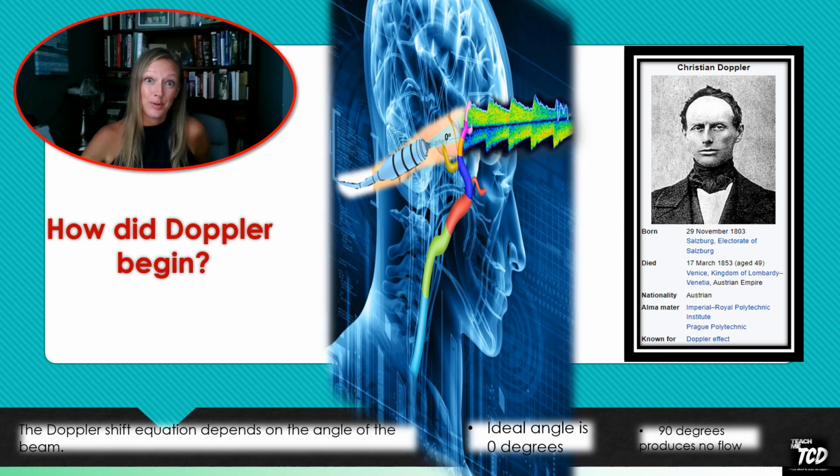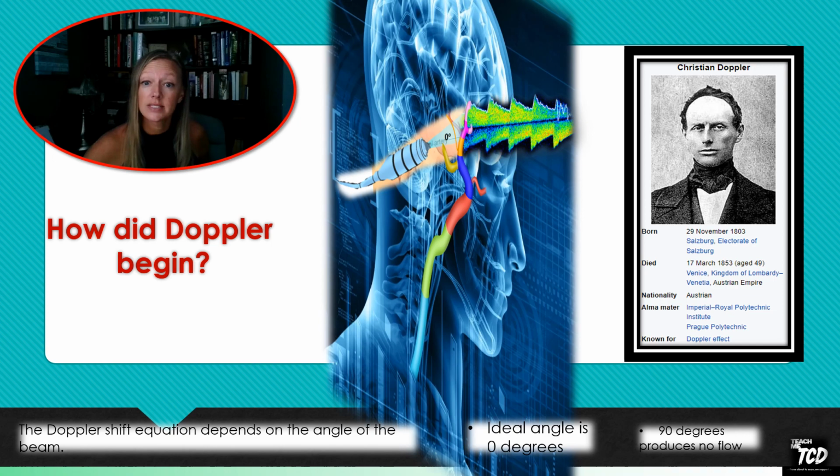How did Doppler begin? Christian Doppler, basics of Doppler ultrasound. The Doppler is based on a physics principle called the Doppler effect. It was first described in the mid-1800s by Christian Doppler, and this describes how a sound wave frequency changes when it hits a moving object.